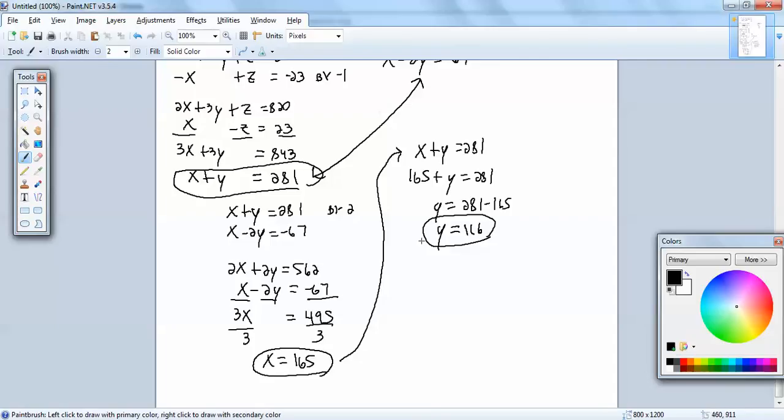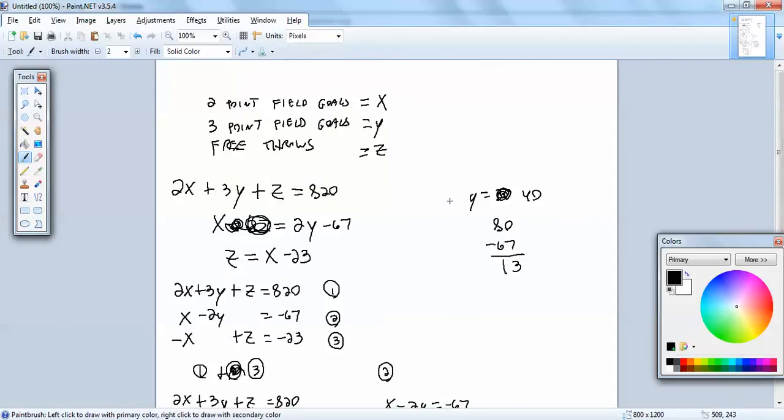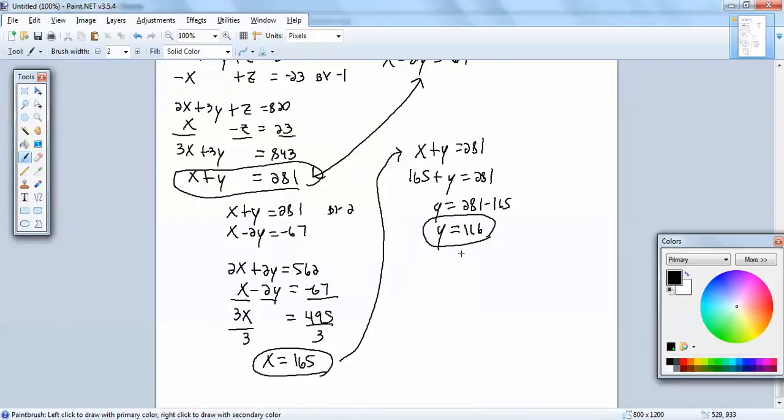Now we want to plug this back into one of our original equations and find z. And probably this is as good as any. Z is equal to x minus 23. X we just said was 165.